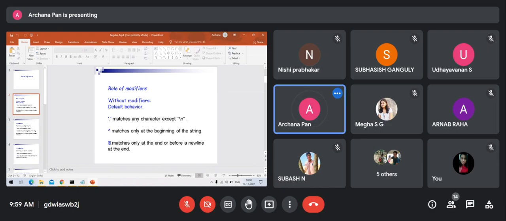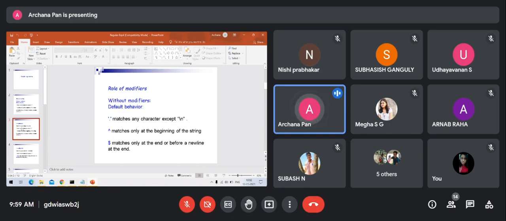And dollar matches only at the end. So this is the general rule of dot, caret and dollar. But if you use some modifier, it will change the role of this dot, caret and dollar.